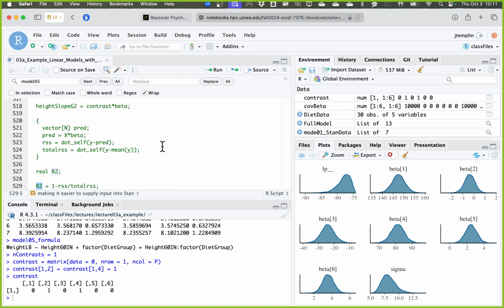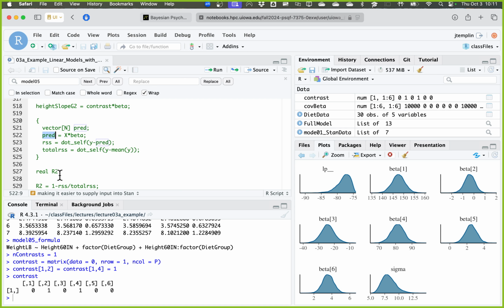One small note about this syntax, you'll note here I put braces around this section, which means that each of these intermediate steps in the calculation will not be saved in the output object. We won't save the Markov chain for this pred right here, but we could. Why we're doing that is to cut down on space. It turns out these Markov chains take a lot of data, a lot of memory.